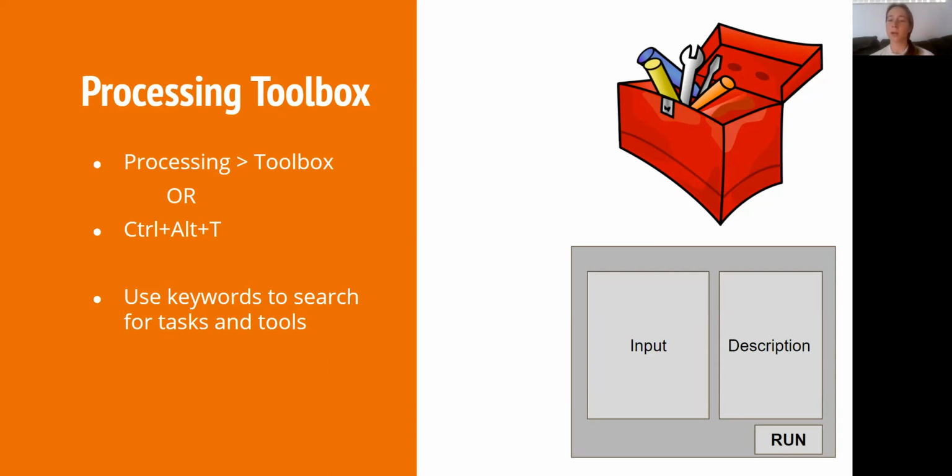In the bottom right-hand corner, this is a diagram of your basic layout for your toolbox. You're going to have your input on the left-hand side of the screen, where it'll ask you to either select the layer that you want to manipulate or specify the attribute column that you're interested in. On the right-hand side of the window is typically your description of the tool.